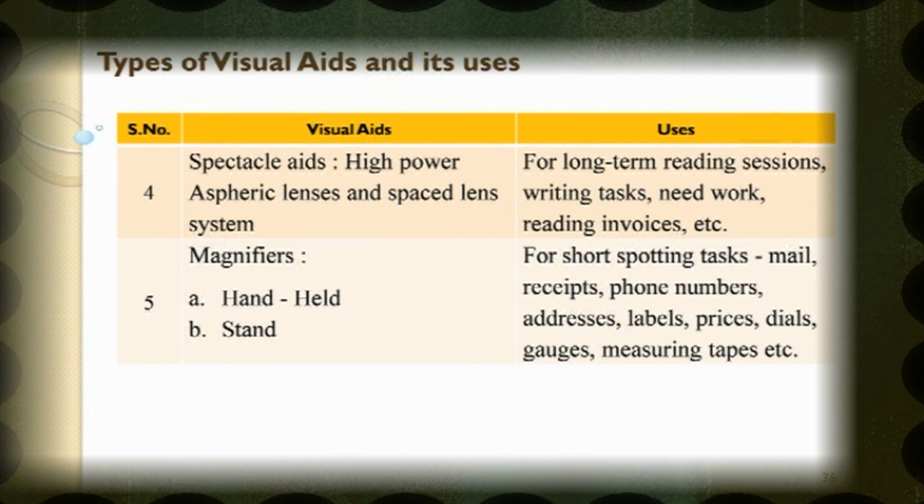The use is for long term reading sessions, writing tasks, needlework, reading invoices. The next device is the magnifier, handheld and stand. The uses are for short spotting tasks: mail, receipts, phone numbers, addresses, labels, prices, dials, gauges, measuring tapes.